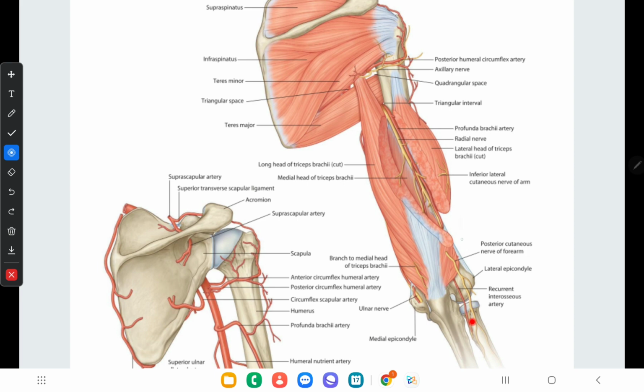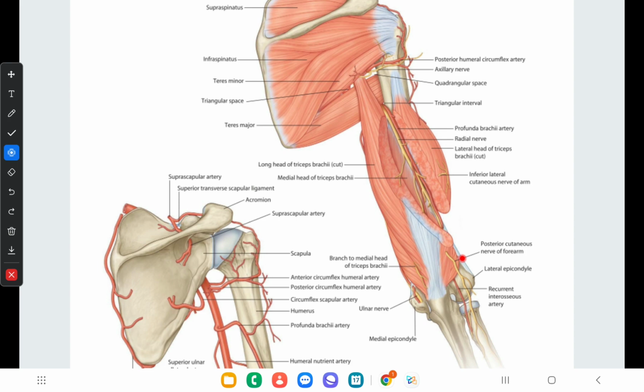I told you earlier the nerve pierces the lateral intermuscular septum and comes to the anterior compartment of the arm in the lower end of the humerus. After coming to the anterior compartment, it gives branches to the brachialis muscle, brachioradialis muscle, and extensor carpi radialis longus muscle.